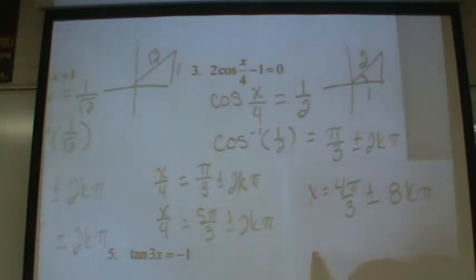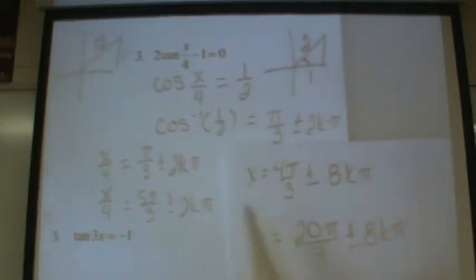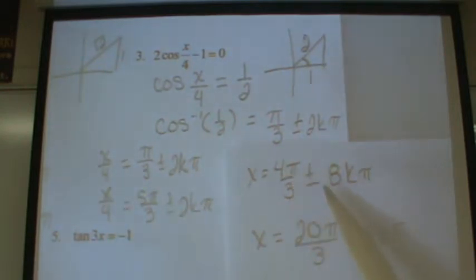And then the second one, x equals 20 pi over 3 plus or minus 8k pi. So you need to multiply the entire thing by that 4. So you get 4 pi over 3 plus or minus 8k pi, and 20 pi over 3 plus or minus 8k pi for number 3.